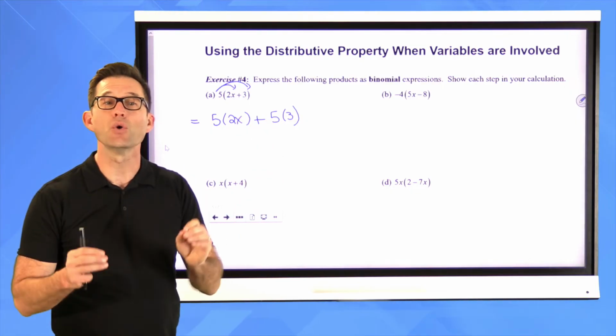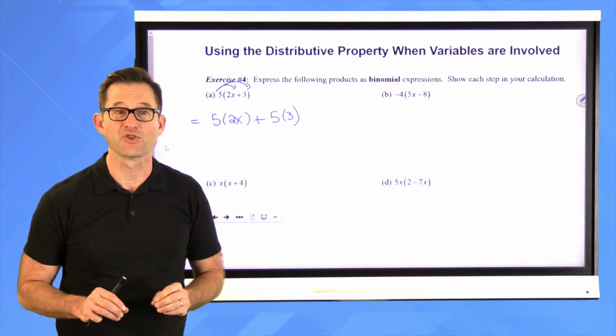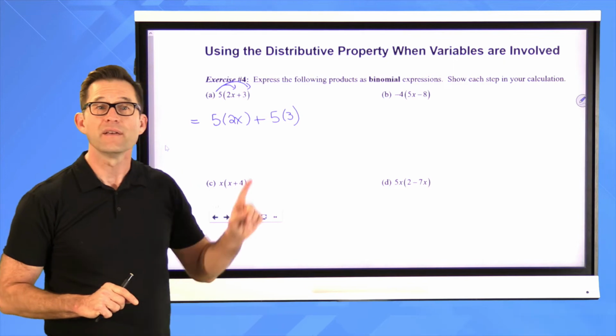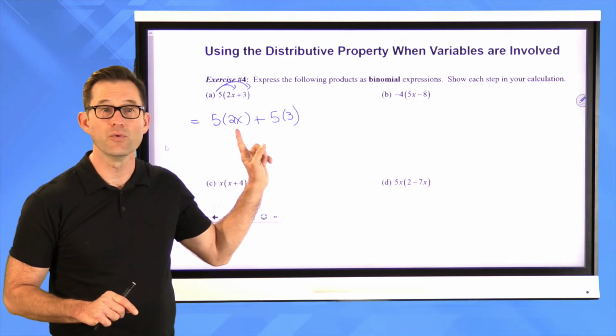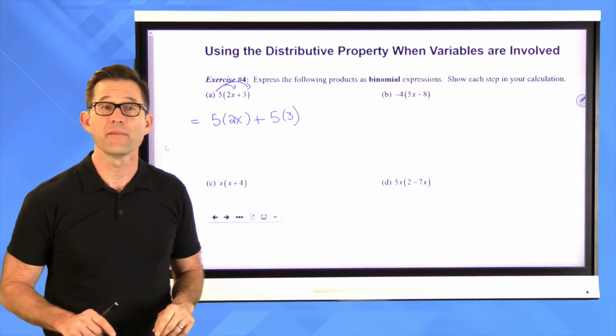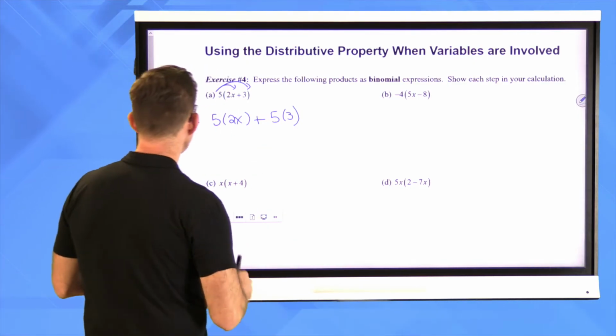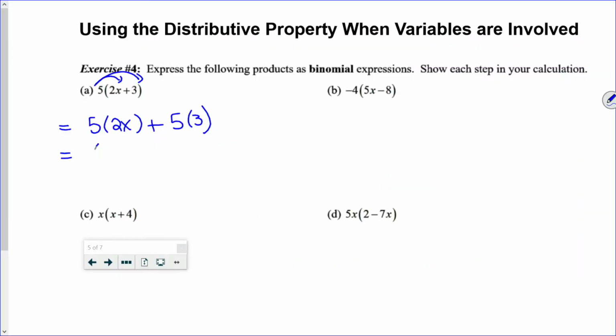And the associative property of multiplication tells me when I'm multiplying 3 things together, 5 times 2 times x, I can multiply them in any order I want. So I could think about this as 5 times 2 times x, plus 15, and then 5 times 2 is 10, and I get 10x plus 15.